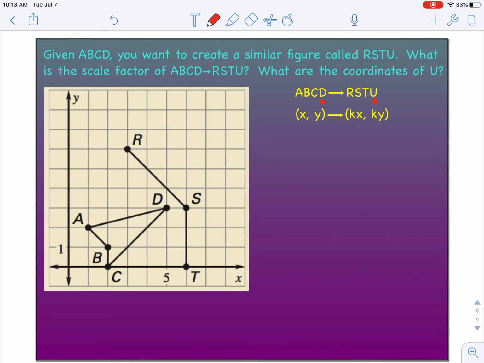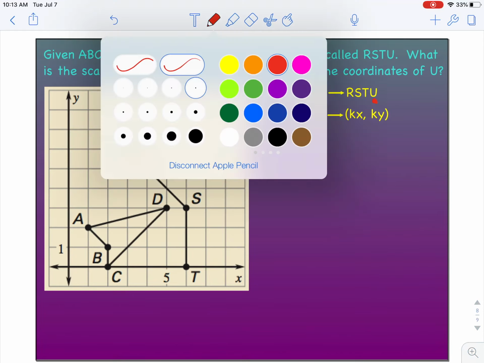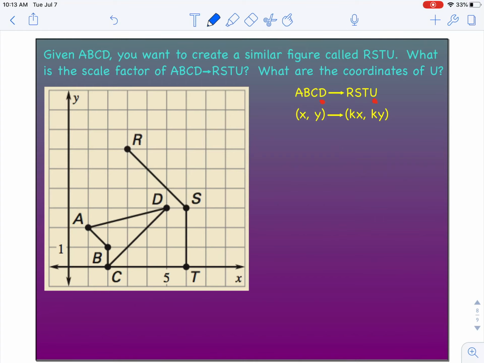But first, let's find the scale factor. Well, let's take an ordered pair that we do know. So A is going to correspond to R, and we know that ordered pair right there. So A is the ordered pair 1, 2, and R is the ordered pair 3, 6.